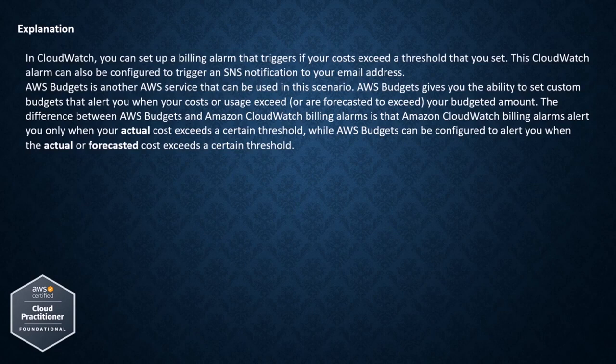AWS Budgets is another AWS service that can be used in this scenario. AWS Budgets gives you the ability to set custom budgets that alert you when your costs or usage exceed, or are forecasted to exceed, your budgeted amount. The difference between AWS Budgets and Amazon CloudWatch billing alarms is that Amazon CloudWatch billing alarms alert you only when your actual cost exceeds a certain threshold, while AWS Budgets can be configured to alert you when the actual or forecasted cost exceeds a certain threshold.